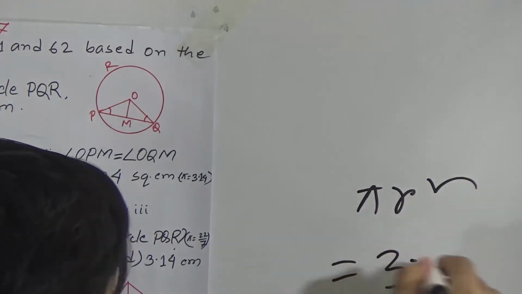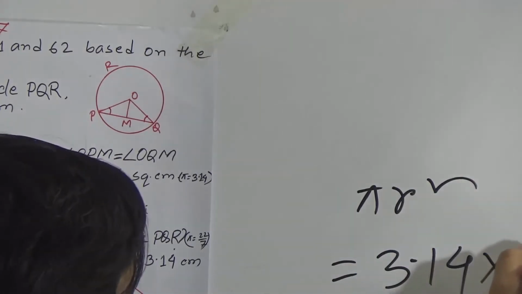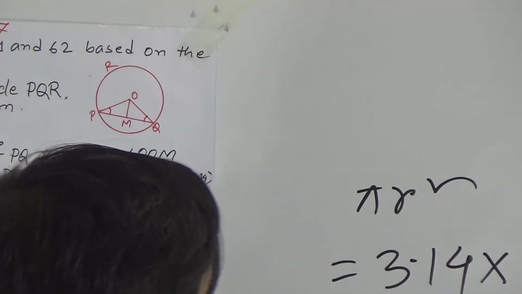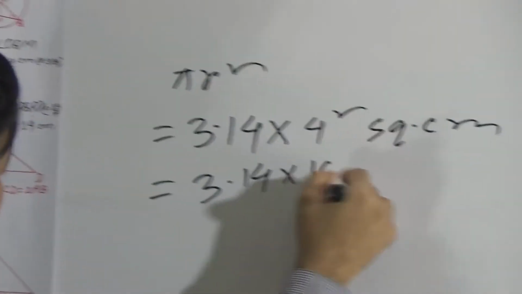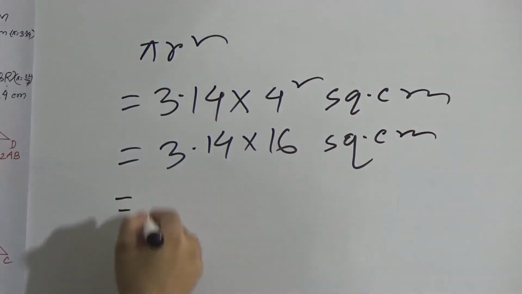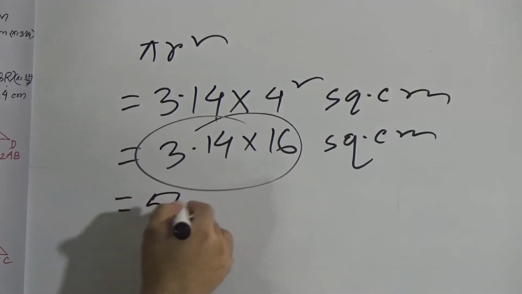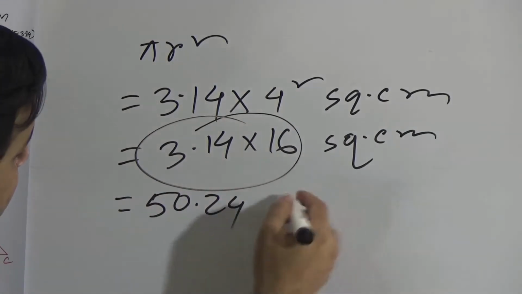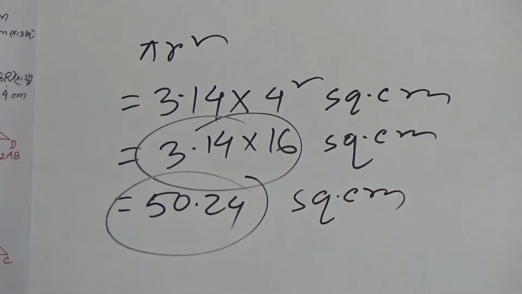Here the value of pi is 3.14, and r means the radius, that is 4 centimeter. So the area is 3.14 multiplied by 16 square centimeter. If we multiply these two, we will get 50.24 square centimeter. So statement 3 is also correct.